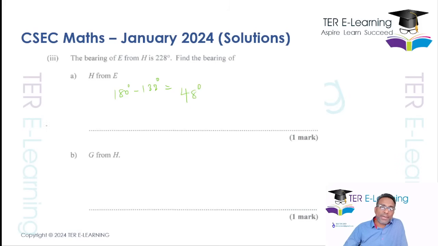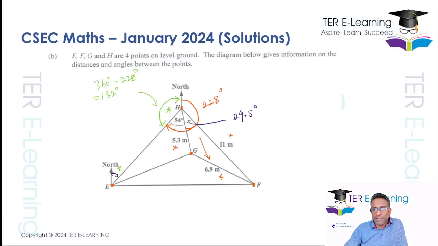And the next one, they want the bearing of G from E. So the bearing of G, that's here, from E. The angle they're looking for is this angle here. Now, how do we get to that angle? Well, that's going to be easy. This is 132.